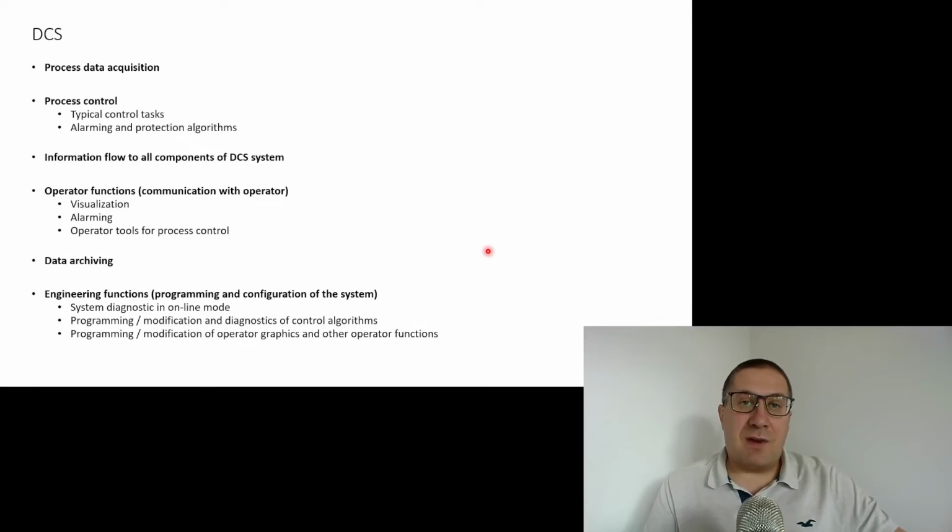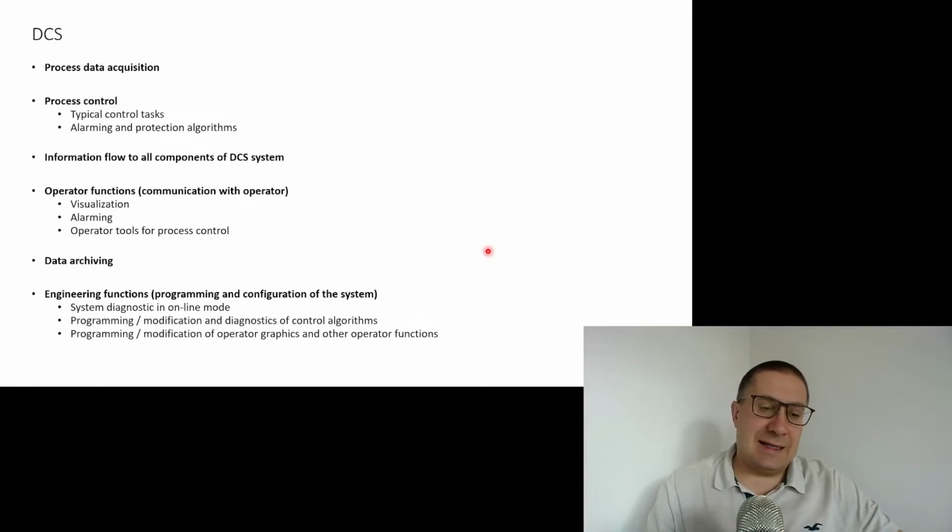And engineering functions that allow for diagnostics of the whole system in online mode, for modification or creation of a new control algorithm and loading it to the memory of a controller, and the functions that help us to create new or modify existing operator graphics and load them to the operator stations.